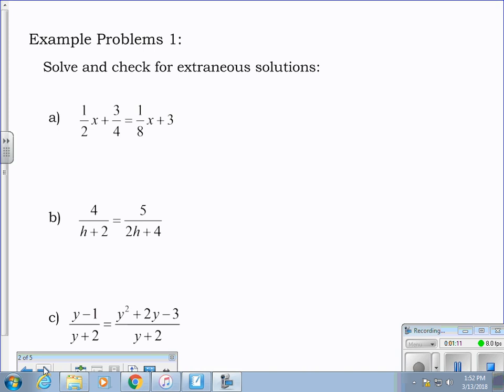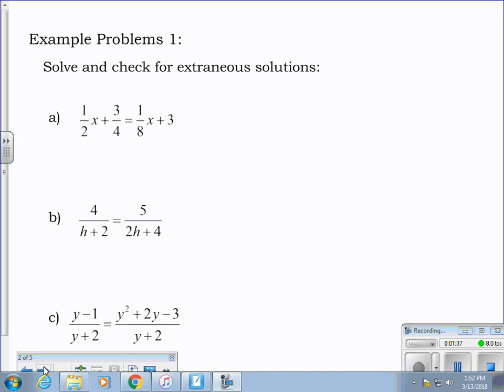Now, there are a few ways to deal with rational equations. Whenever I have a fraction as part of an equation, the first thing I want to do is get rid of the fractions.